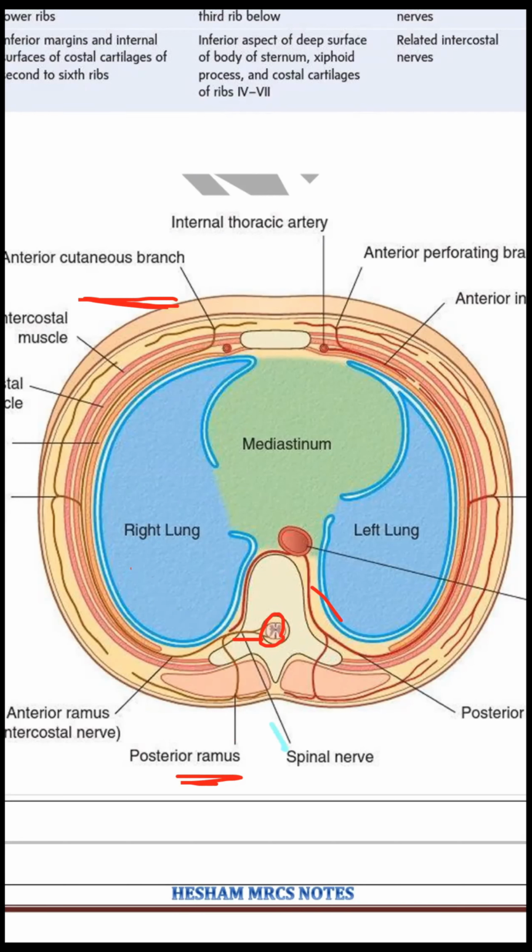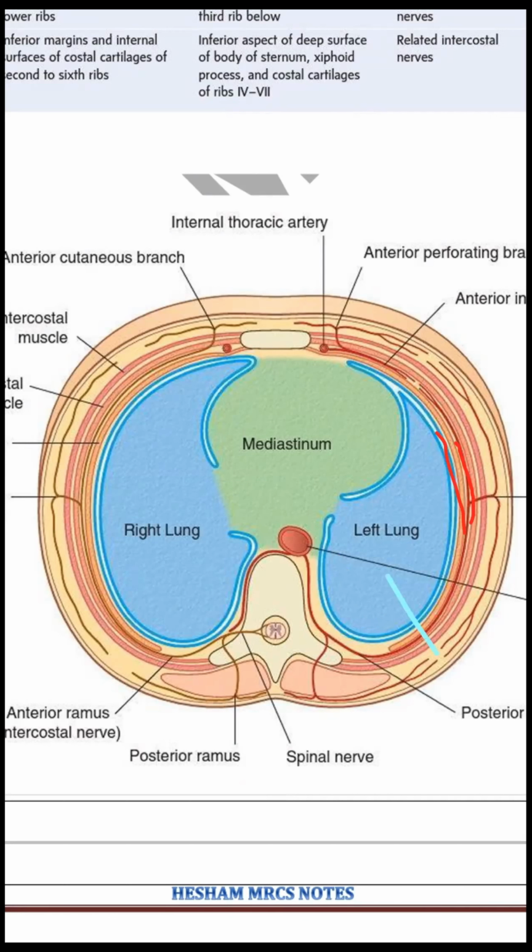And it is the same course as the intercostal artery. The posterior intercostal artery comes from the descending thoracic aorta, then it also passes between the pleura and the posterior intercostal membrane, then between the internal intercostal and the transversus thoracis.